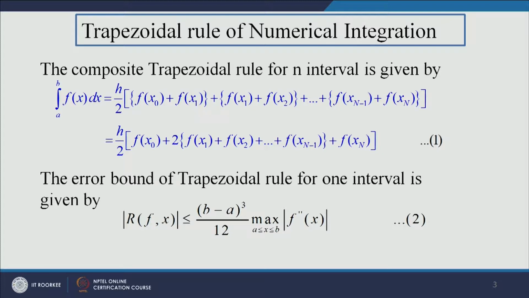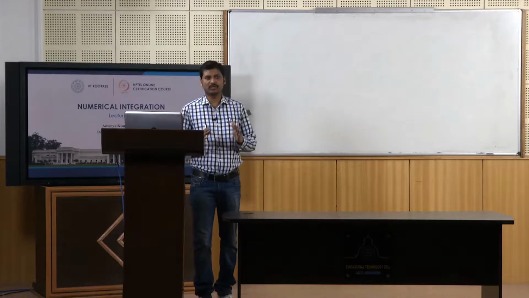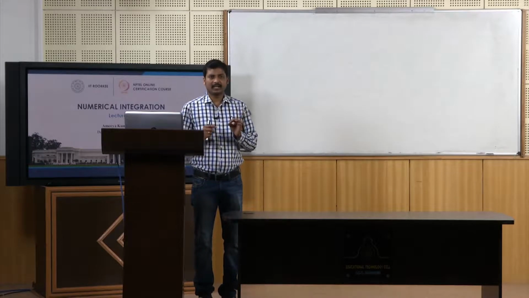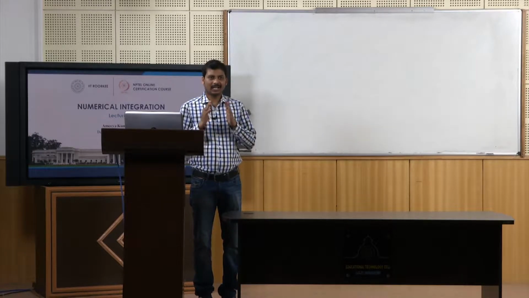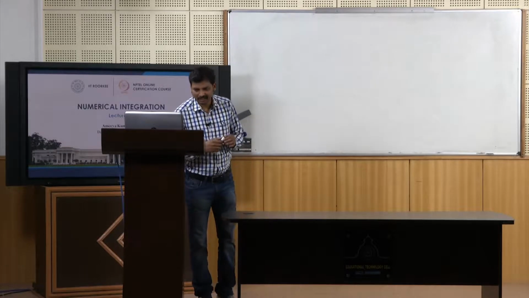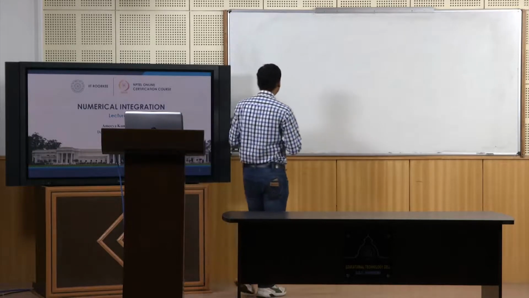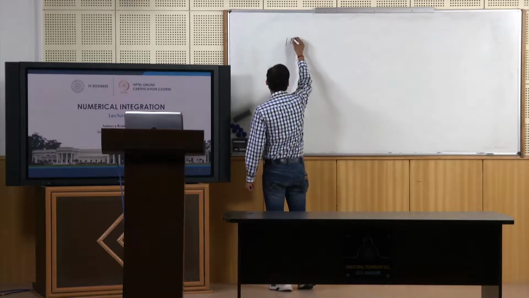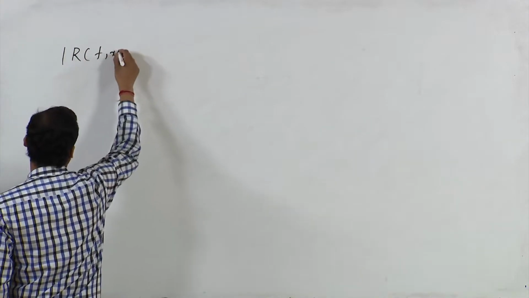error in the form, as I have told you, that if we have only 2 points, that is B and A, and we have a single interval there, then we usually express this error term as R of f x.